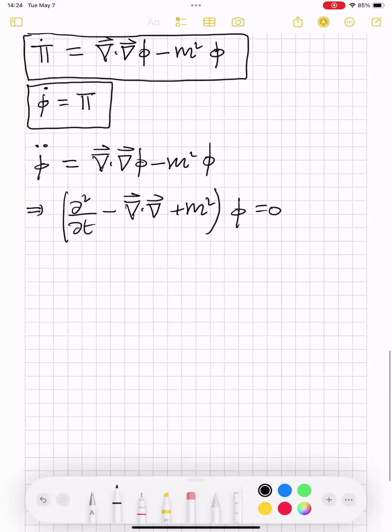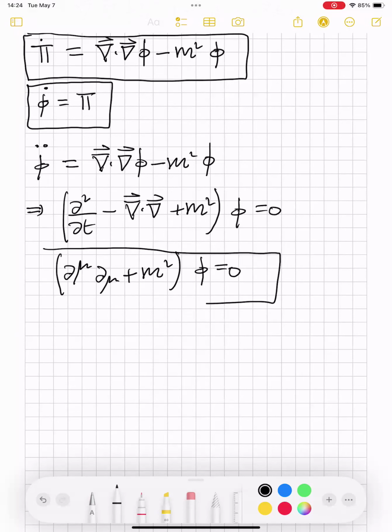And this second derivative here, I'm sure you recognize as nothing but the d'Alembertian, so box plus m squared acting on phi is equal to 0. So this is the equation of motion that our field phi obeys.